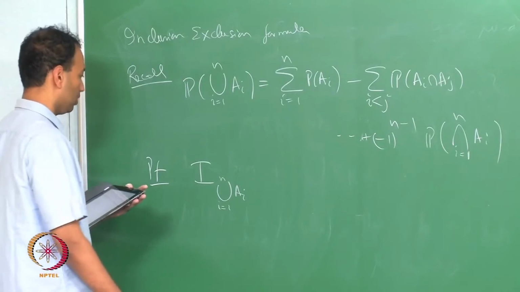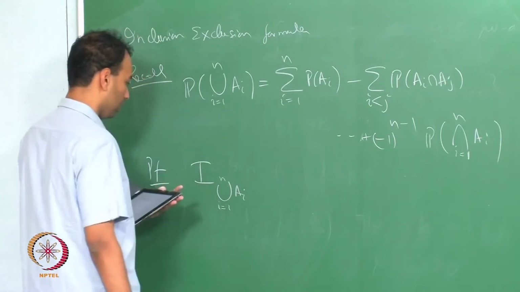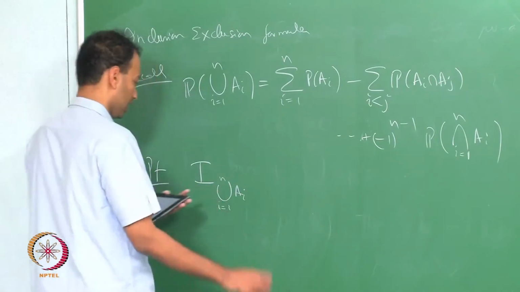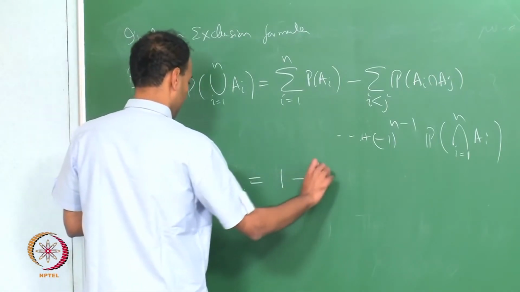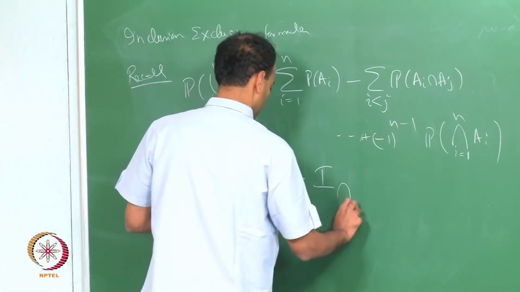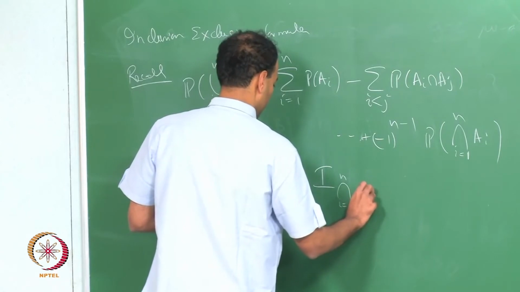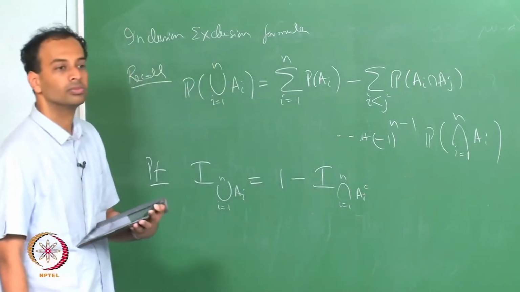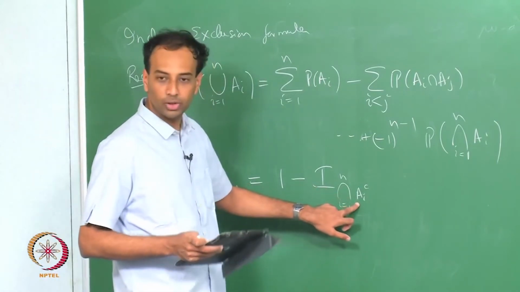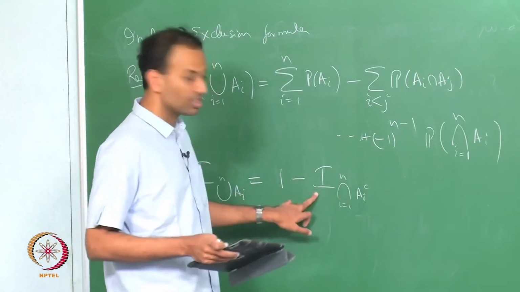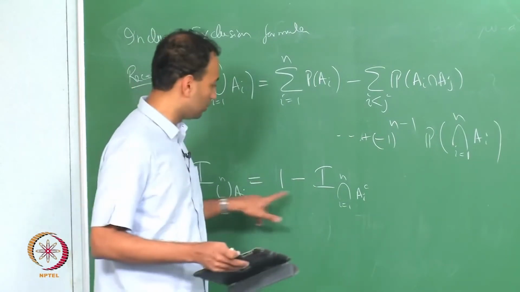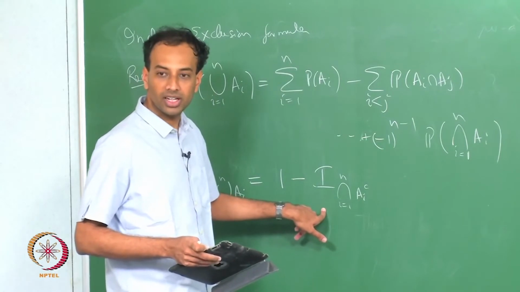This is the indicator that at least one of the A_i's occurs, one of the A_1 through A_n occurs, and that is equal to 1 minus the indicator that all the A_i's fail to occur, correct. So, 1 minus the indicator of that is the indicator of at least one A_i occurring, right. This you will agree, right.